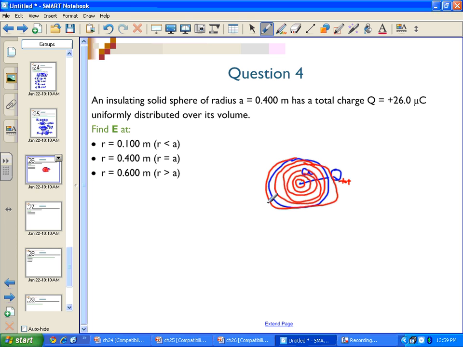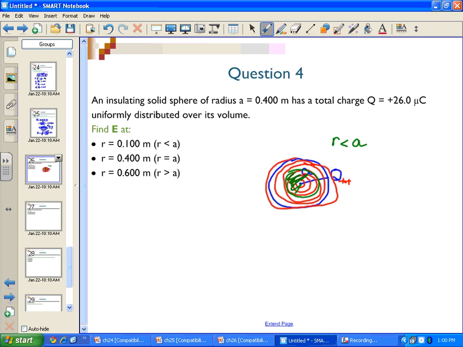Okay, so the first question tells us to find the electric field at a point in the interior of this sphere. Well, let's see. Let me choose green here. In the interior means that our Gaussian sphere, and yes, it will be a sphere because that matches the symmetry of the charge distribution, is going to have a radius which is smaller than the radius of the actual sphere.